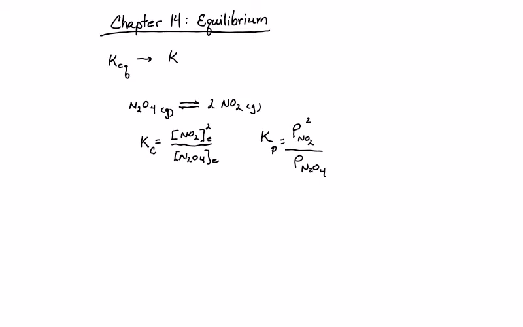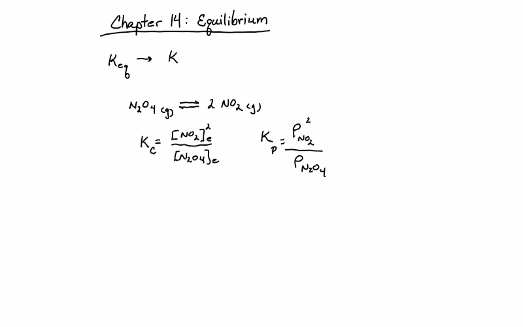So what we can do here is relate Kc to Kp, which is a convenient tool that allows us to take the equilibrium constant from one way of calculating it to another. And here's how this works.